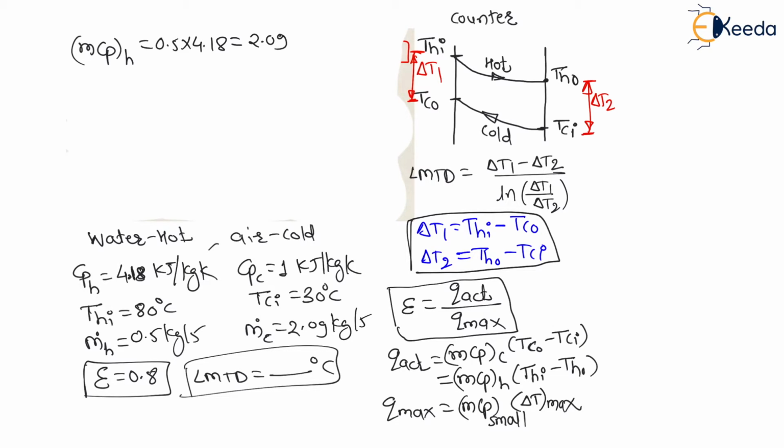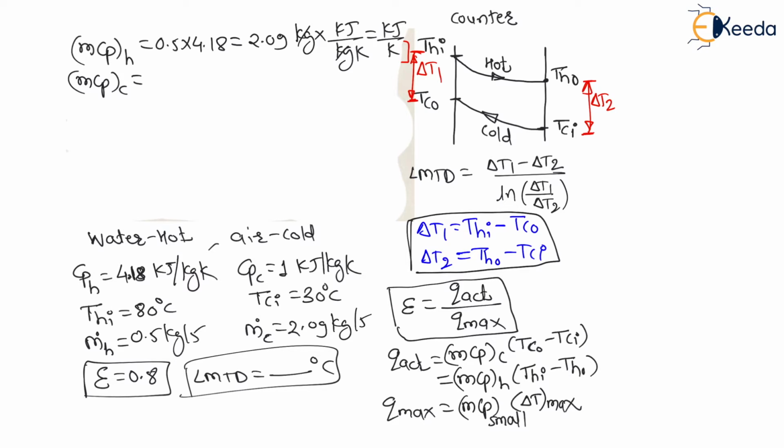This will be the mCp. Therefore, again let us calculate for cold fluid. Therefore, mCp of cold will be equal to, see what will be the unit here, the mass in kg and Cp in kilojoule per kg Kelvin. Therefore, it will have unit kg into kilojoule per kg Kelvin. Therefore, kg will get cancelled. Unit will be kilojoule per Kelvin.